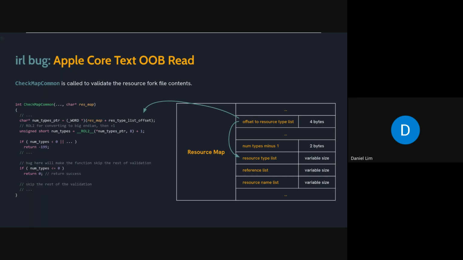And then the num types pointer is stored in the type list. So you see it's a bit weird: why over here is there this, and inside here there's another num types? This is actually the bug. They have two values stored in different places as part of the specification.